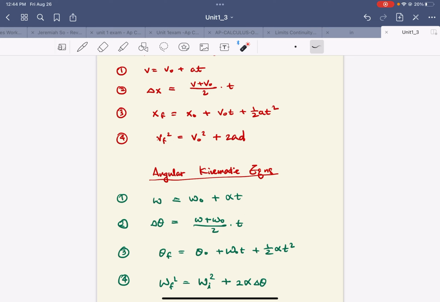Okay, and your final angle is initial angle plus angular velocity times time plus 1/2 angular acceleration times t squared. Very similar to this one too. And angular velocity final squared equals angular velocity initial squared plus 2 alpha delta theta. So this is also the same as that. Okay, it's good to know.